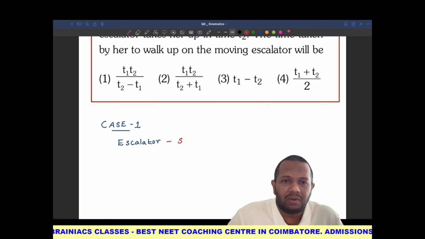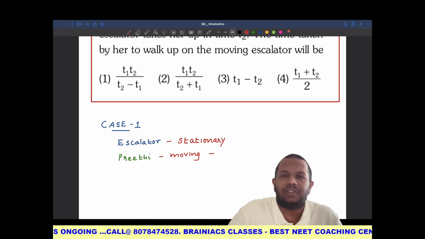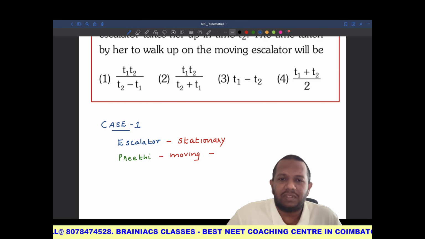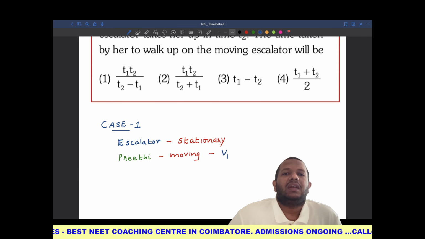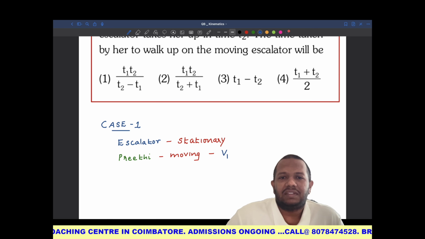If she is moving, surely she will have some velocity. So let us assume her velocity in this case is v1. I hope that is clear. Since the escalator is stationary, its velocity would be 0.